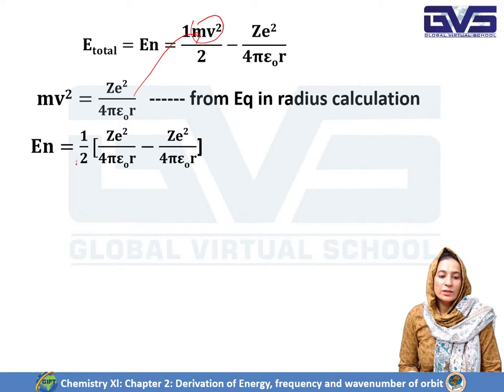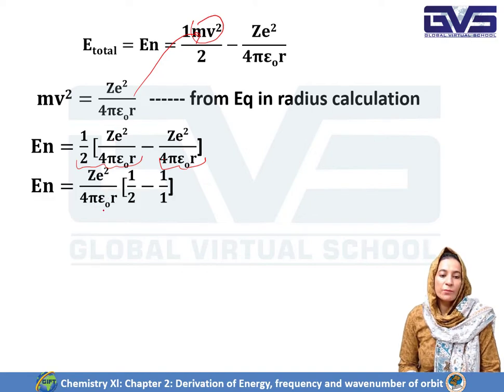From these two terms, take out the common factors. Which are the common? These are common: ze square over 4 pi epsilon r, and one by two minus one by one. Now you have to solve this part of the equation. Take the LCM, which is 2: 1 minus 2 over 2, and the answer will be minus 1 over 2.